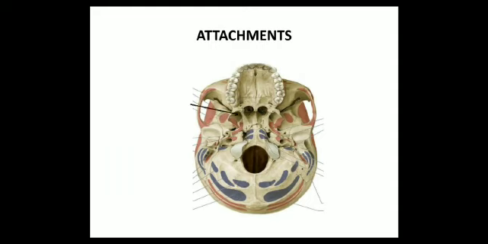The lower part of the posterior border of the pterygoid hamulus gives origin to the superior constrictor of the pharynx. The pharyngobasilar fascia is attached below to the processus tuberis. The pterygomandibular raphe is attached to the tip of the pterygoid hamulus.